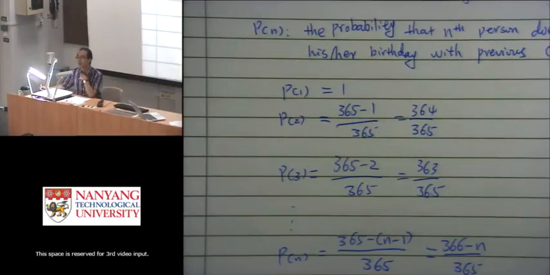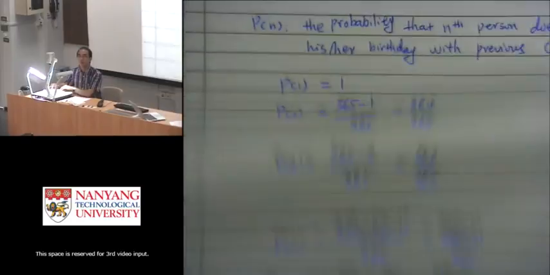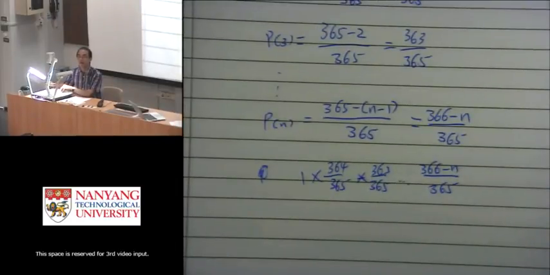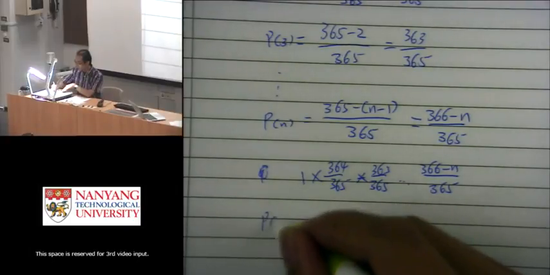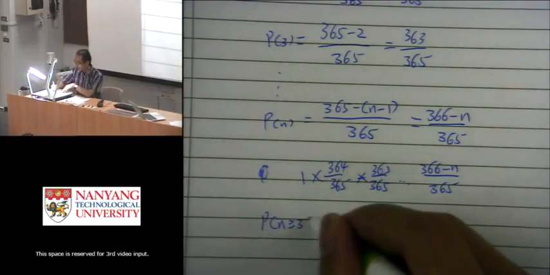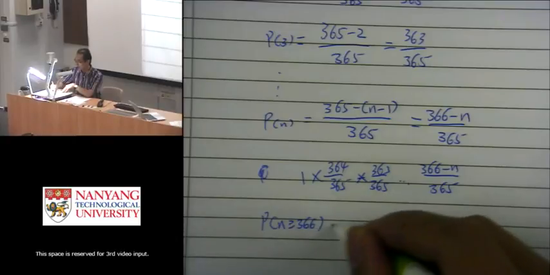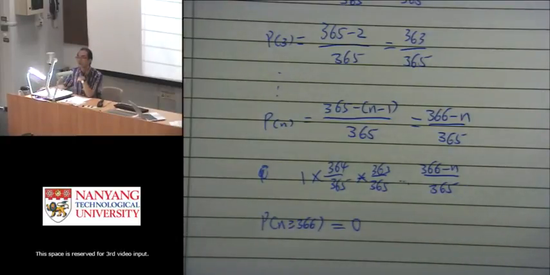And what's the probability that we find at least 2 persons have the same birthday? 1 minus this, right? Straightforward. Here we need to know when n is larger or equal to 366, it equals 0, right? If we have 366 persons, we must find at least 1 pair, right? Okay, so that's the math.